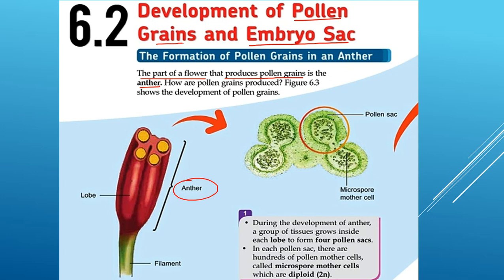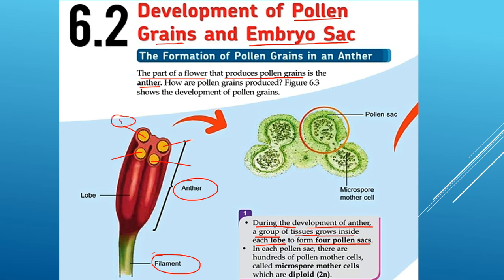So this is the filament. During the development of the anther, a group of tissues grows inside each lobe to form 4 pollen sacs. This is 1, 2, 3, 4.